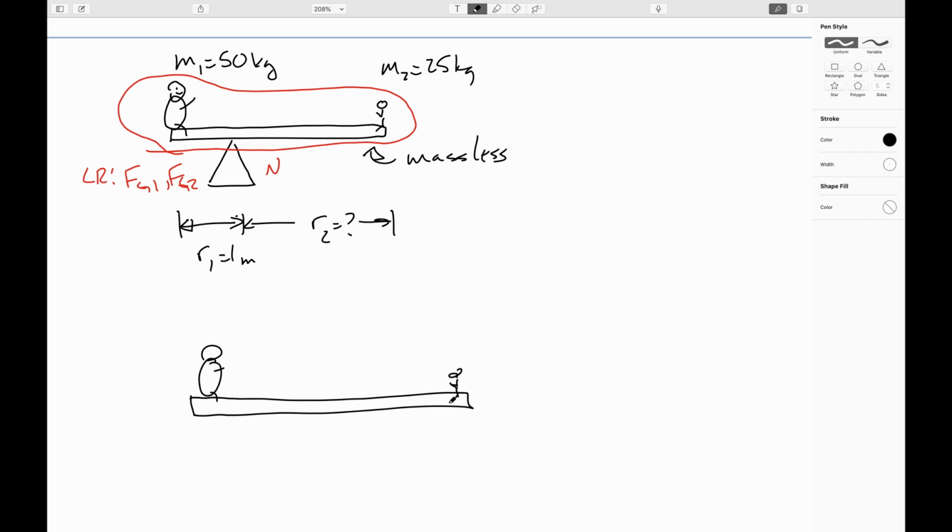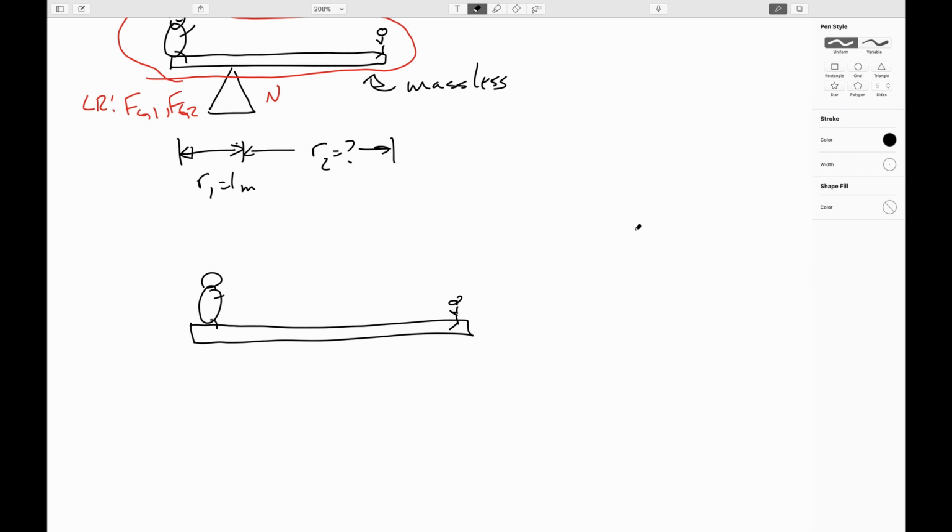And now what you do is you draw the forces at their points of application. Force of gravity 1. Oops, this one won't be as long of an arrow. In fact, it'll be half the length. Force of gravity 2. And then right here where the pivot was, we will draw the normal force, which will actually be the biggest of them all in this problem.